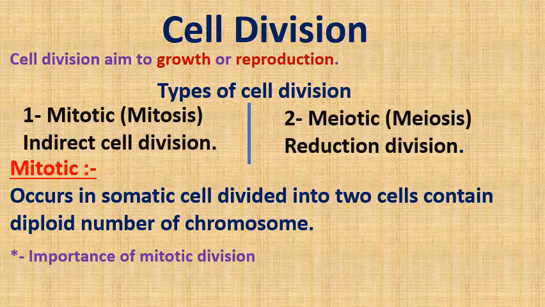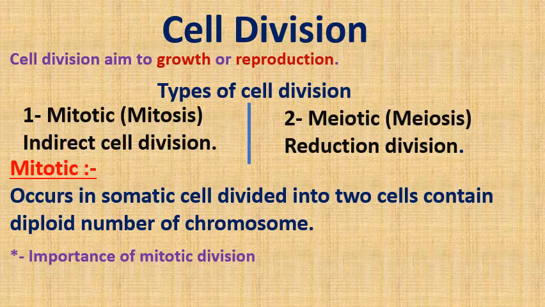cells. Each cell divided into two new cells which contain diploid number of chromosomes, and diploid number of chromosomes here means complete number of chromosomes. By meaning, if I start with a cell containing 46 chromosomes, I will end with two cells, each one containing 46 chromosomes.